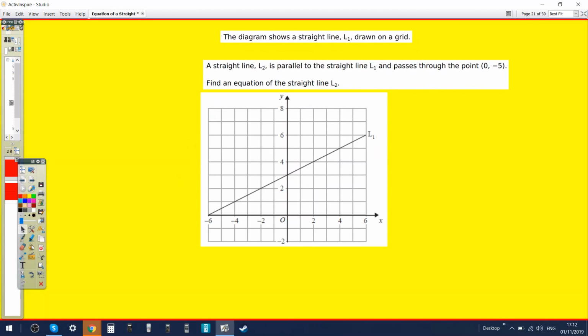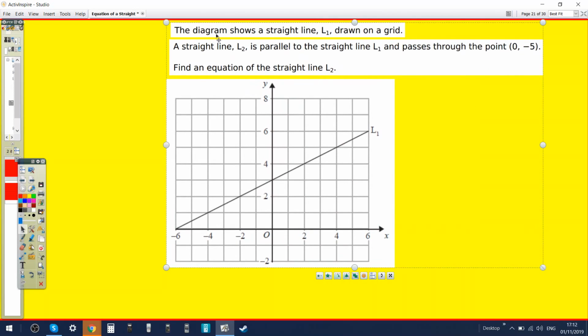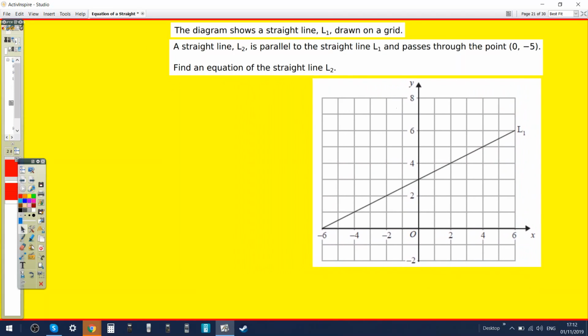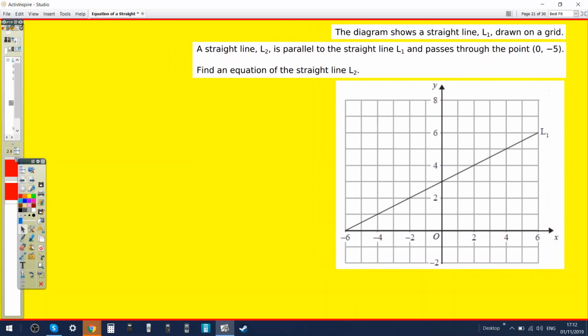Okay, so this one you have to find the equation of this line. So this time they give you the line and you have to find the equation. How do you do that?